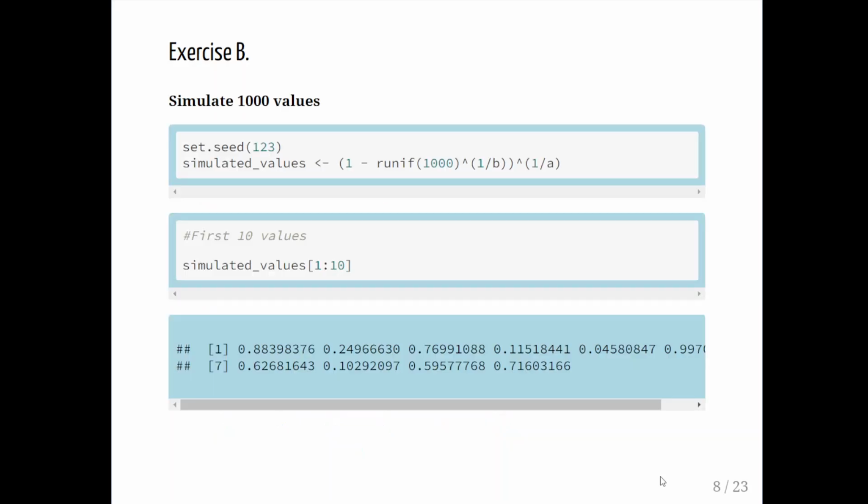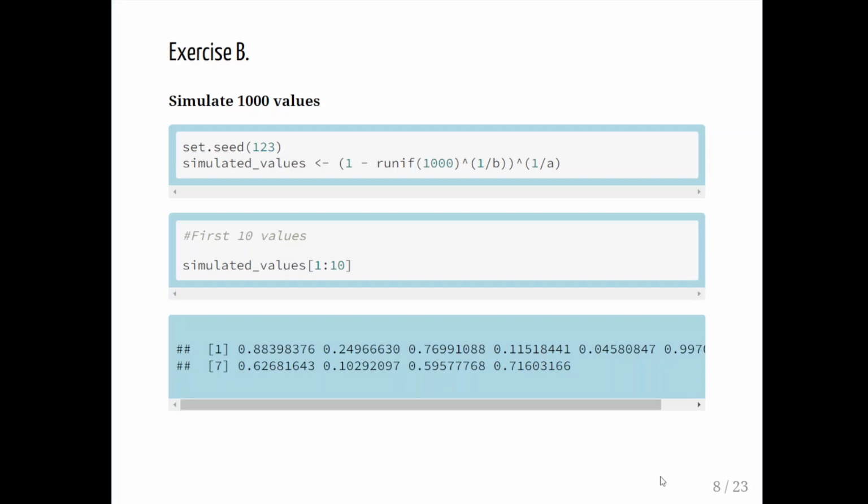So moving on, simulate 1000 values of the function. First off, we have set.seed, 1, 2, 3, and then we're going to run the same command again as we used in the previous exercise.